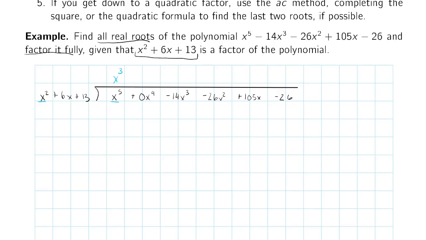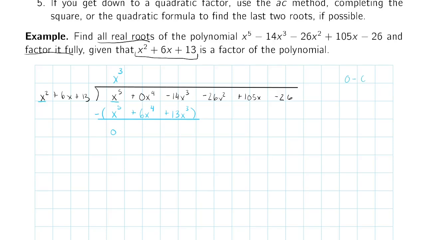X to the third times x squared, that's x to the fifth. X to the third times 6x, that's going to be 6x to the fourth. X to the third times 13, that's going to be 13x to the third. And now we subtract. X to the fifth minus x to the fifth is 0.